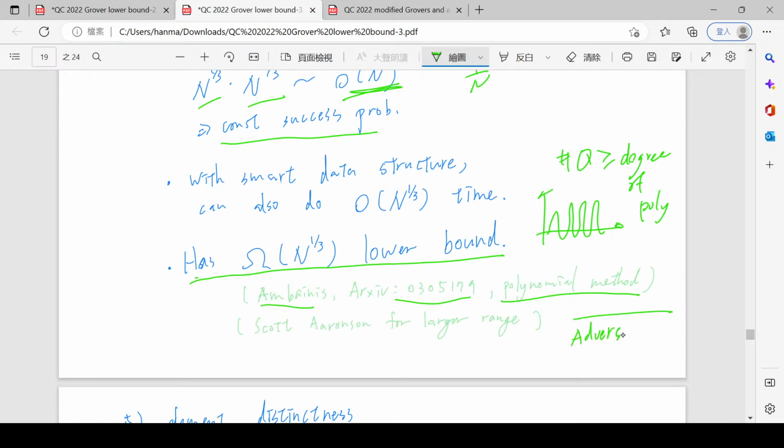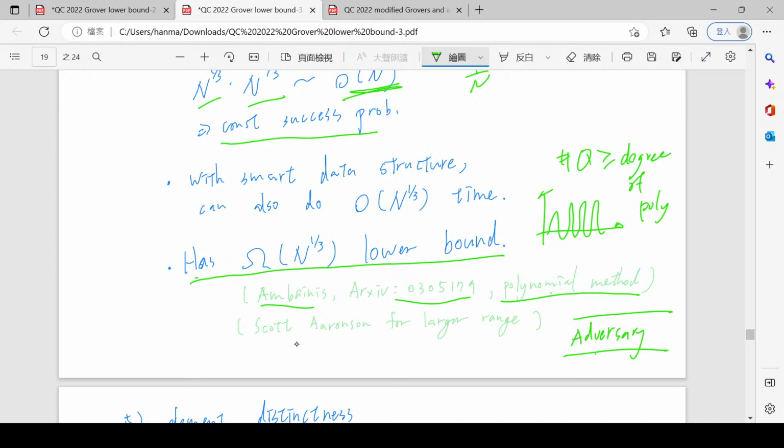Okay. So those are pretty different ways to lower bound quantum query complexity. And anyway, for this paper, you can look it up to see this omega n to the 1/3 lower bound.